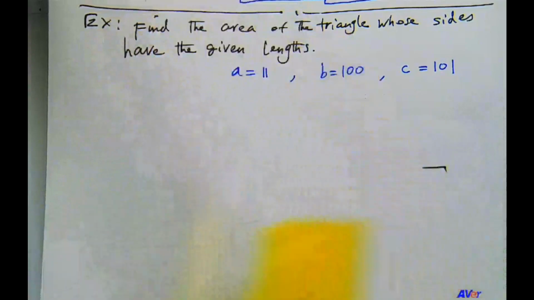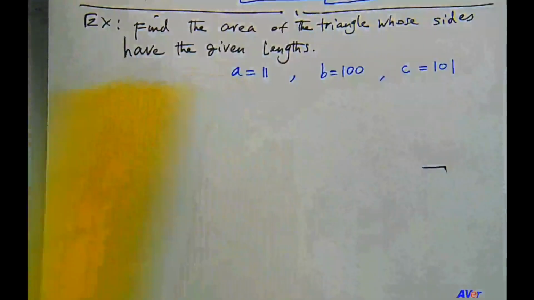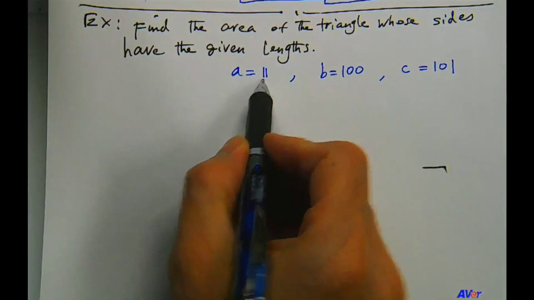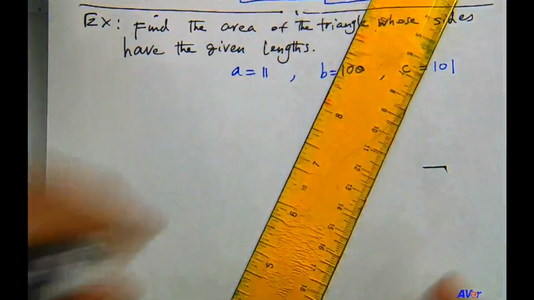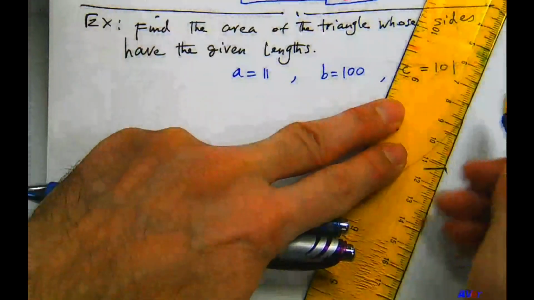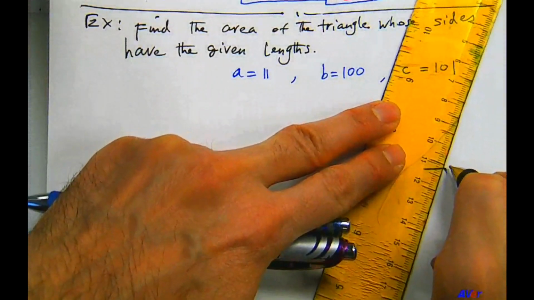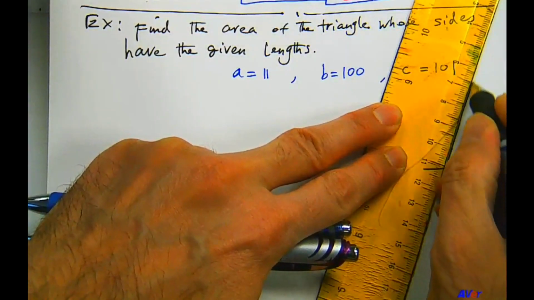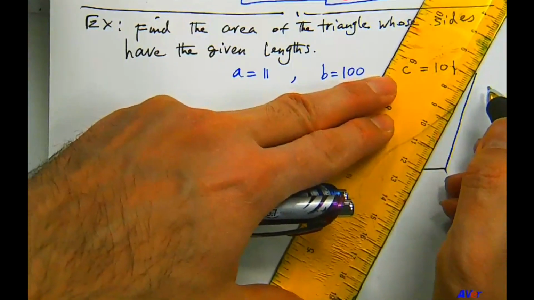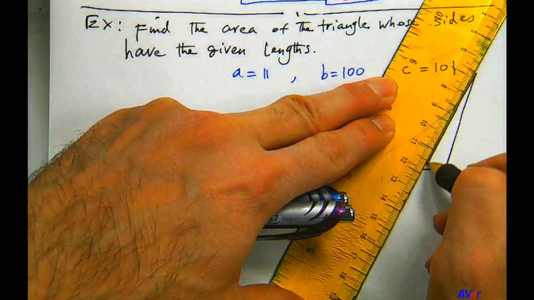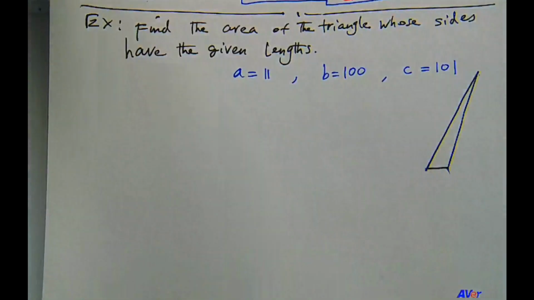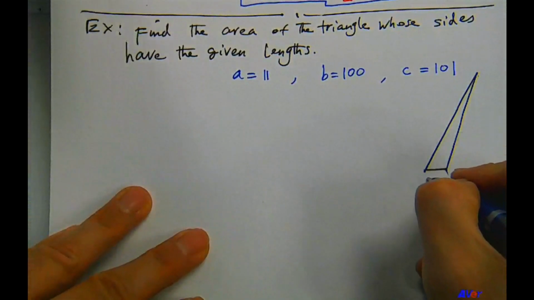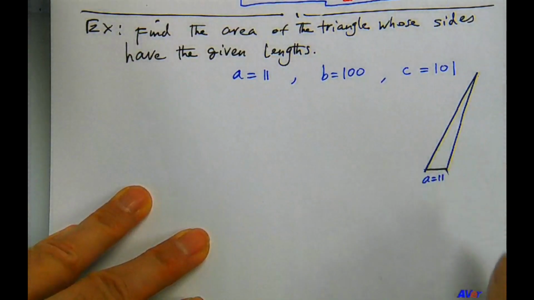So this is going to be a very oblong triangle, right? One side is 11, the other sides are 10 times as long as this. So I will just do something like this and something like that. Okay, so A is equal to 11.